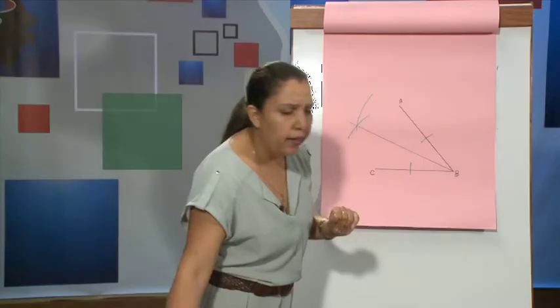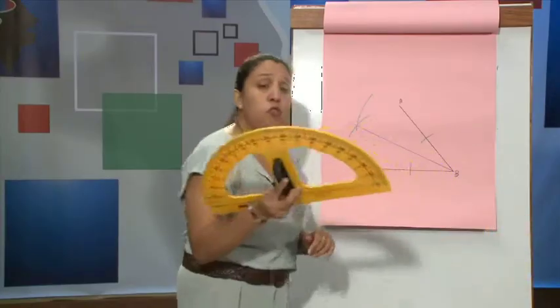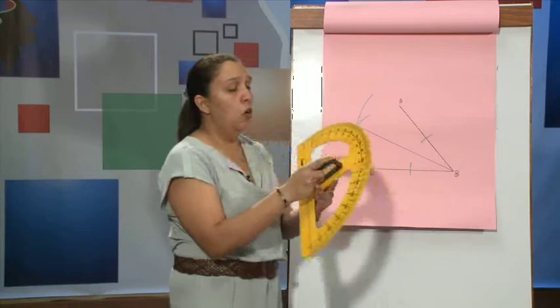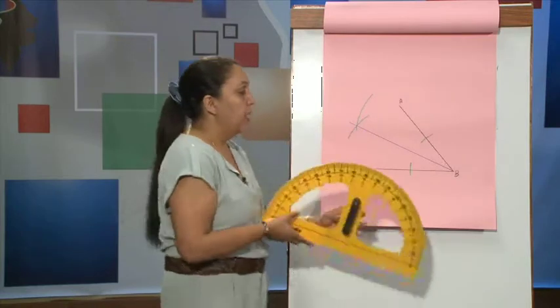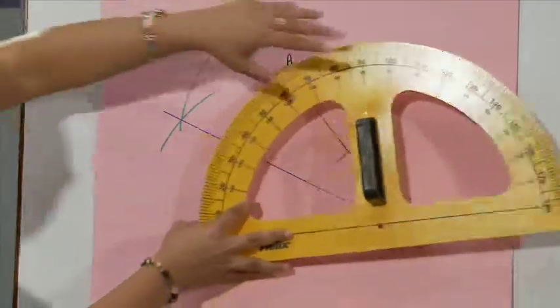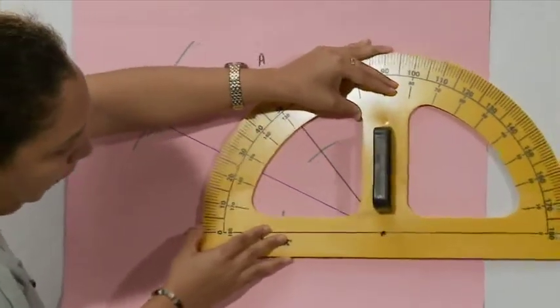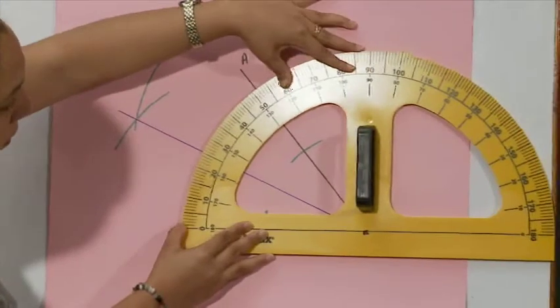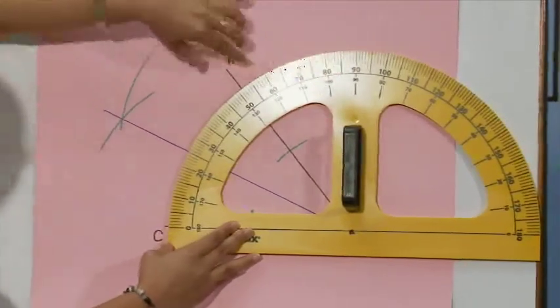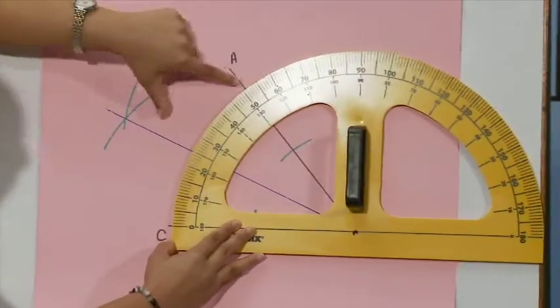Now, just to check, remember that instrument? It's called a protractor, exactly. Now, let's see. You place your protractor on the center here, right? Okay, what can you see? You've got 50 degrees, right?